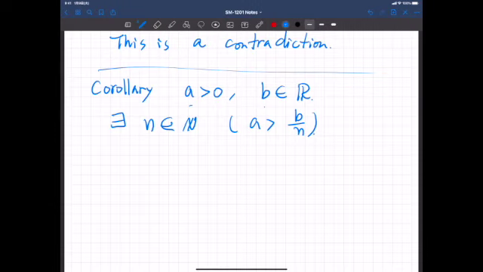But this form is handy in many cases because it says however big this B is, B can be negative, in that case this is trivial. Even if B is positive and very large, larger than A, if we take a big enough natural number, then B over n can always be less than A.